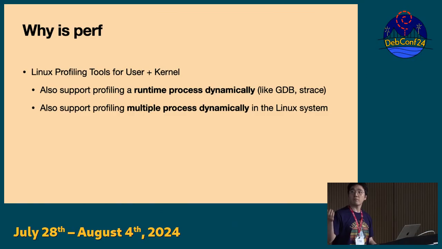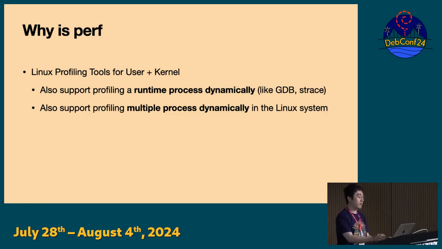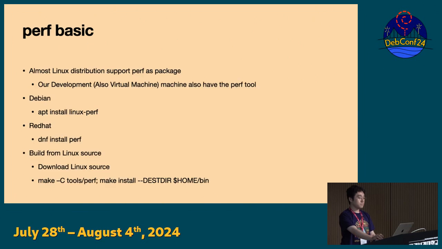It can dynamically profile a running process, and multiple processes also. These features make Perf suitable for profiling live production systems. Perf is usually installed in both development and live production environments, and most Linux distributions support it.